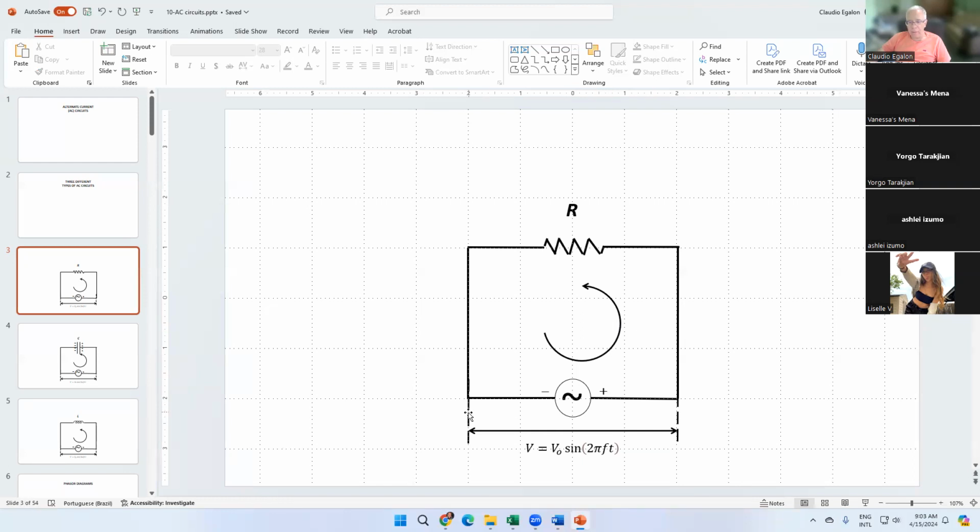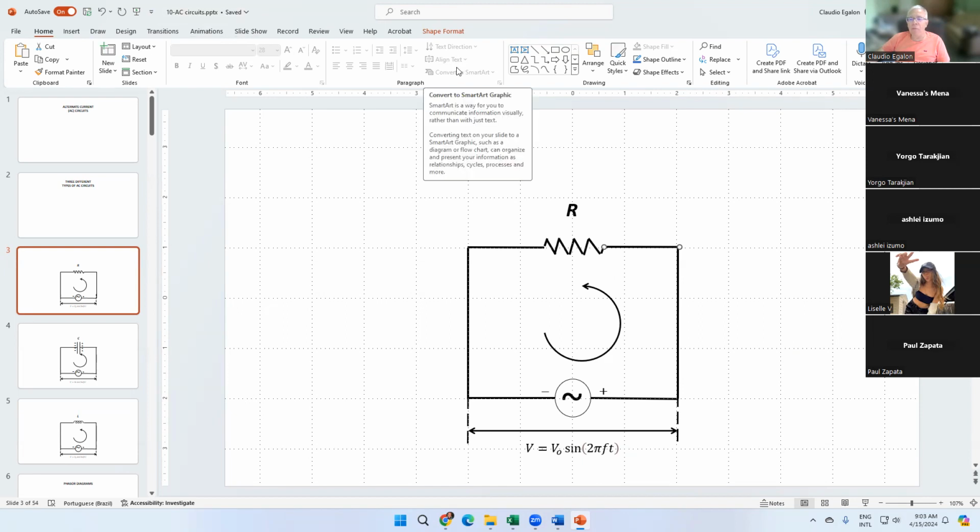So make sure that you learn Kirchhoff loop law, right? It's a very easy law to apply. And in this specific case, we have just a single loop. We have no junctions whatsoever.